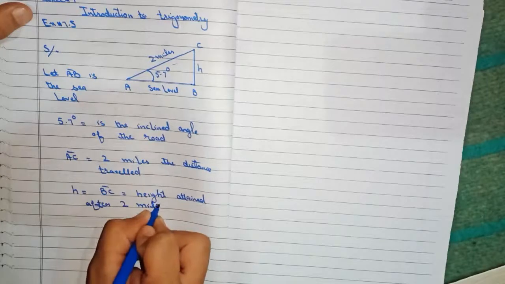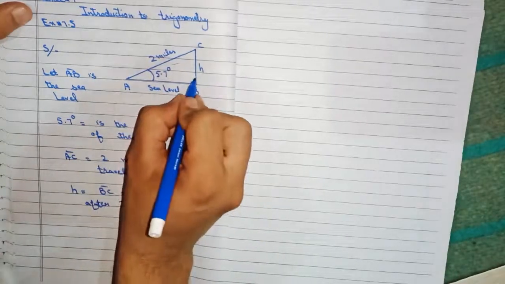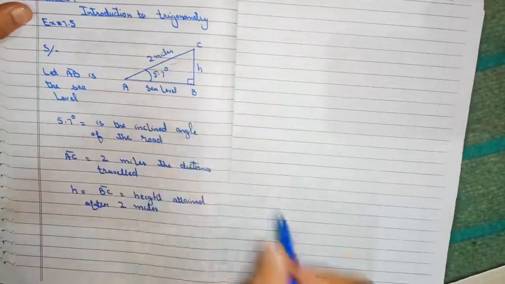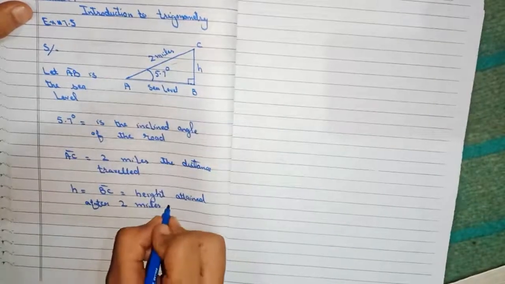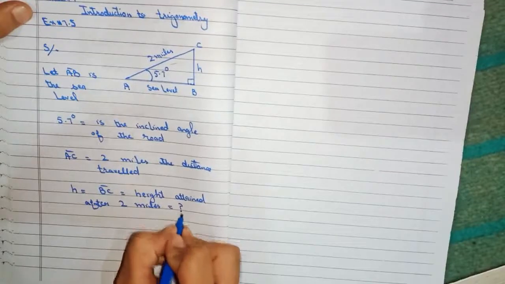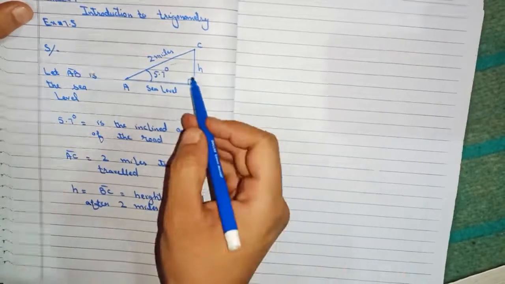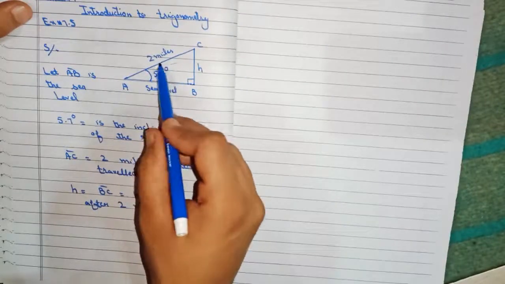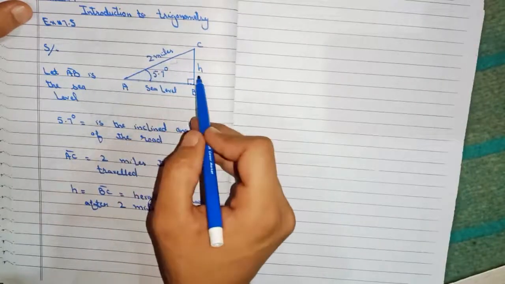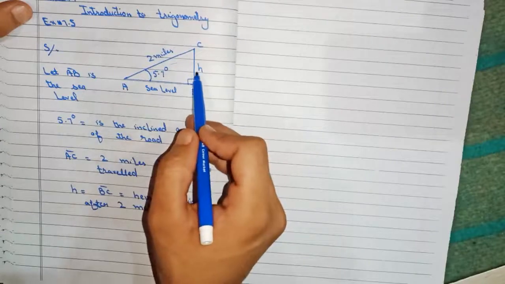So observe from the diagram, it is a right angle triangle and this is the sea level. We have to find the h. You may write a question mark here. The height is what we have to find, and the angle is given, the distance is given. To find the height, see the two sides which are involved.